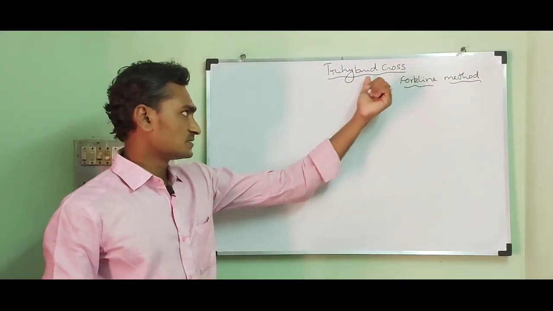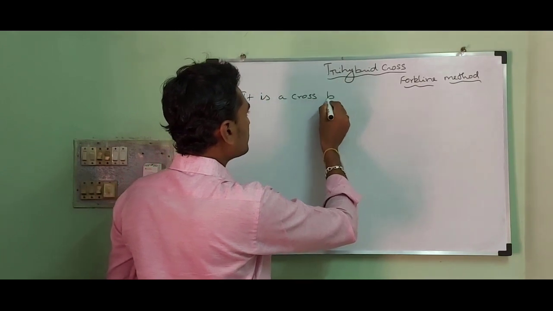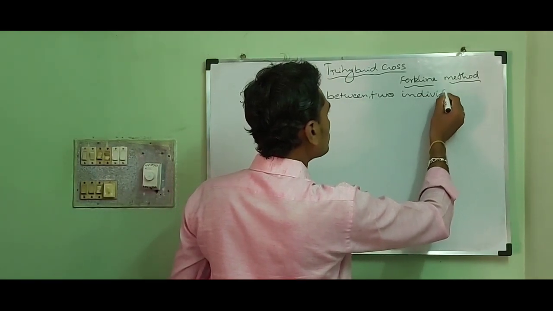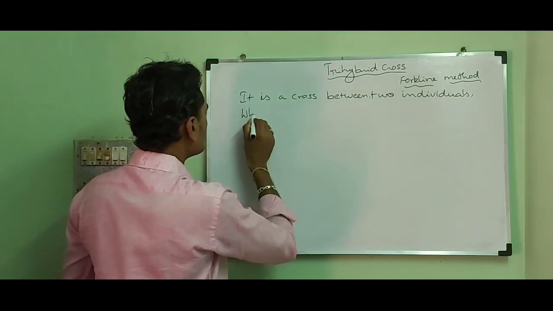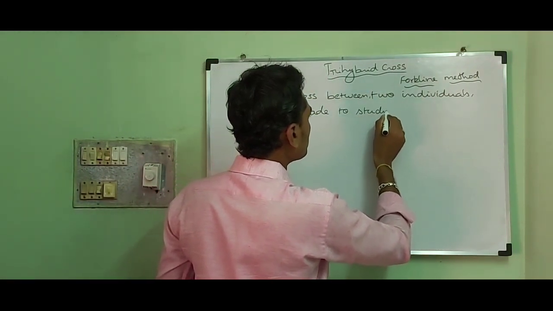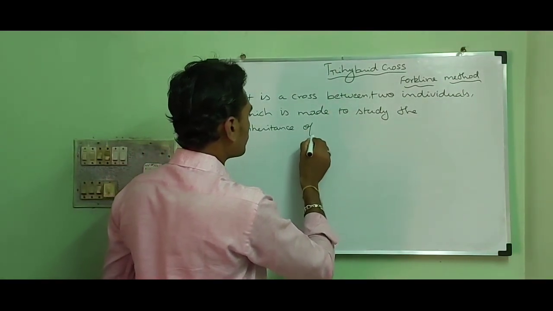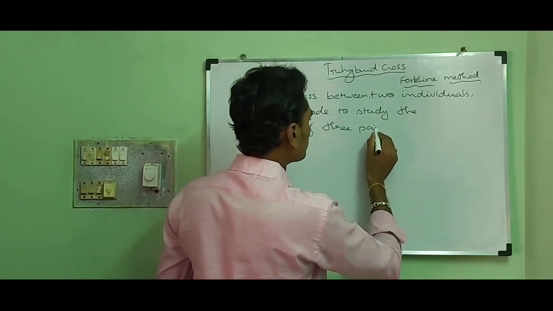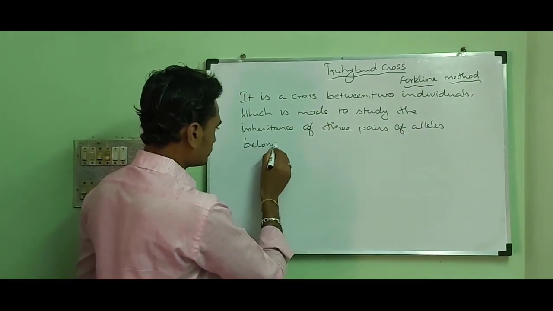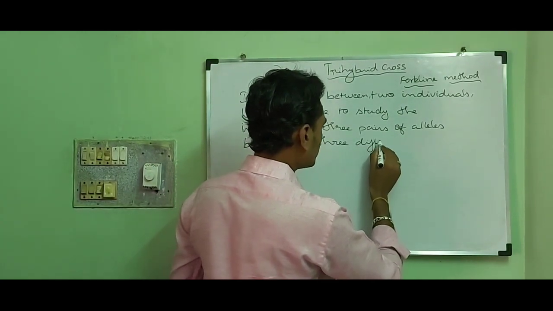First, I give you the definition for Trihybrid Cross. It is a cross between two individuals which is made to study the inheritance of three pairs of alleles belonging to three different genes.